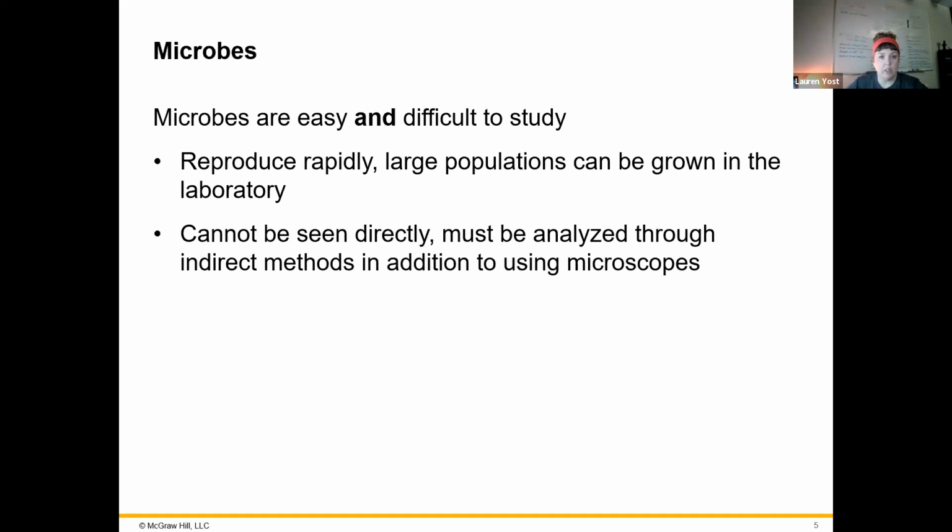We can make changes in them and see the effects of those changes very quickly, which makes them very useful for genetic studies. However, we cannot analyze them directly because we cannot see each individual cell without a microscope. And so you might say, well, we can't see people's individual cells either. No, you're right. But if I take a cell, or multiple cells, from a person's body and separate it from that body, it doesn't live separated from that organism.